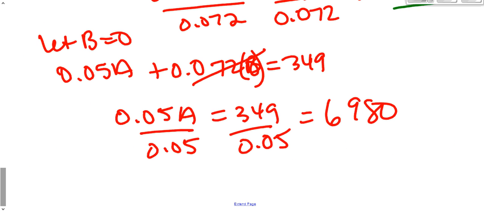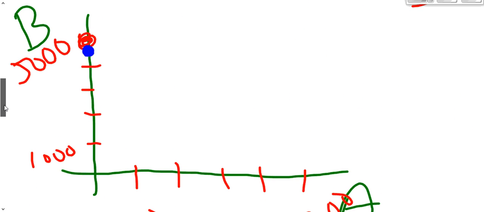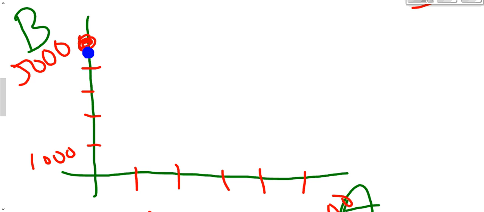My A-axis was almost to 7,000. Let me go back up. Which means I'm going to have to go a little bit further. So this was 5, 6, 7,000. And we're almost right there to 7,000. Okay. So we had it right there at 5,000 and 5,000.